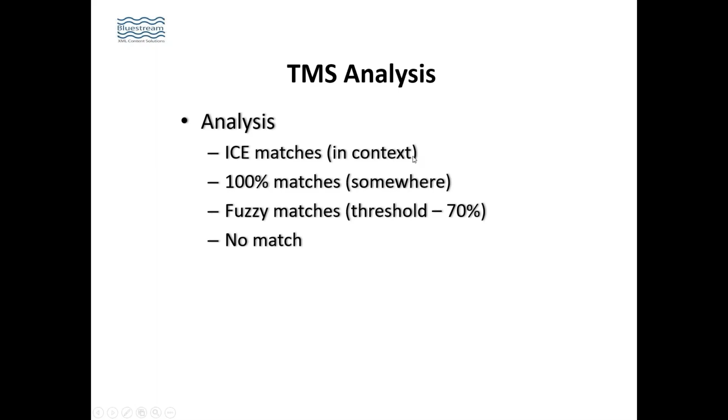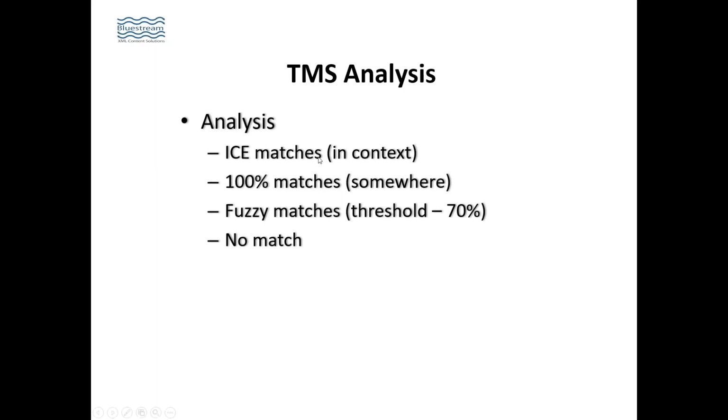In other words, the TMS has decided that it already has a translation for that phrase, and that phrase is preceded by the content that it was previously preceded by. So it's very likely that the translation is accurate.